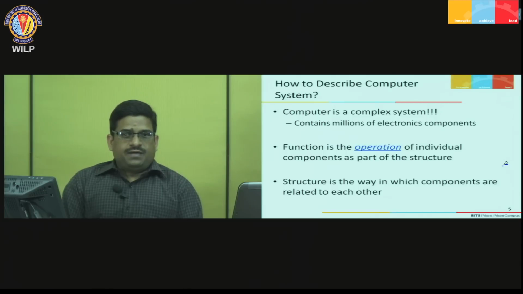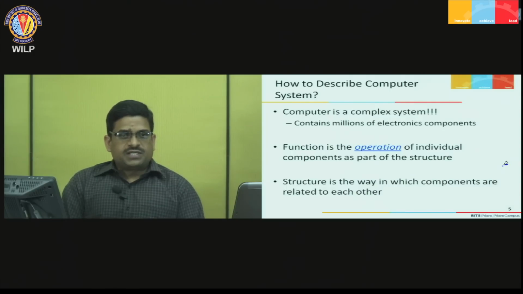Now, to understand or describe the computer system, how do we describe it? We know that the computer is basically a complex system. Why is it a complex system? Because it contains millions of electronic components. What are these electronic components? Transistors.